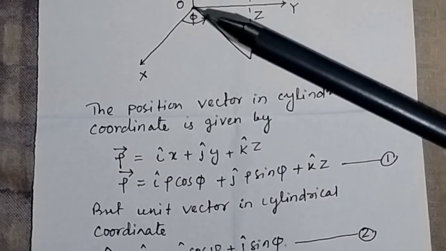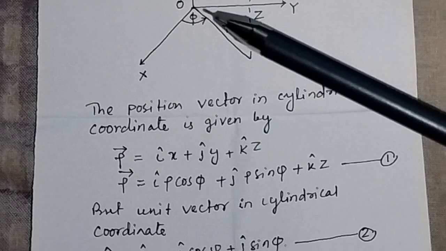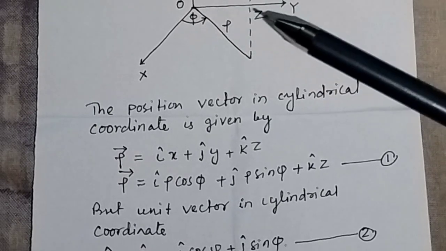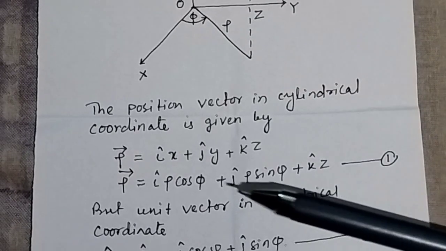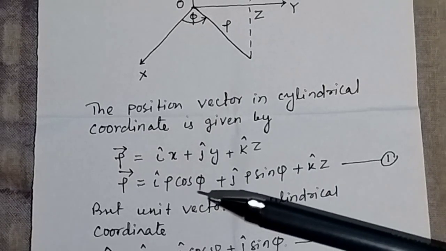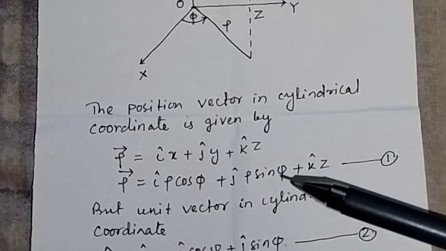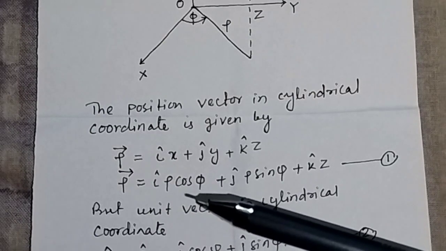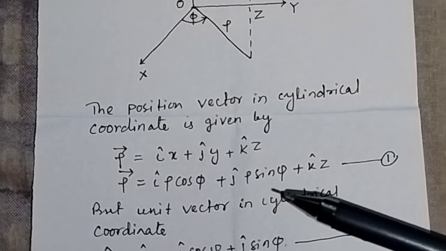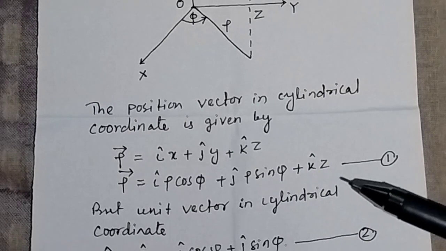If you draw a perpendicular here, then this will be rho cos phi, and the y value will be rho sin phi. So if you put x equal to rho cos phi and y equal to rho sin phi, then rho will be equal to i cap rho cos phi plus j cap rho sin phi plus k cap z.